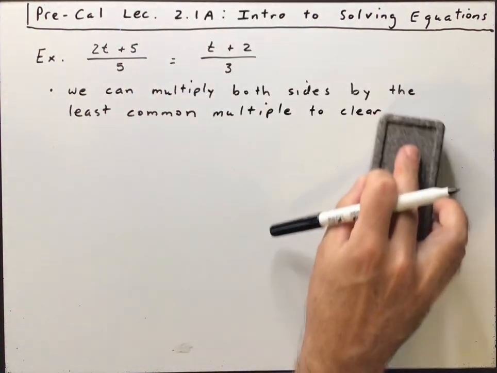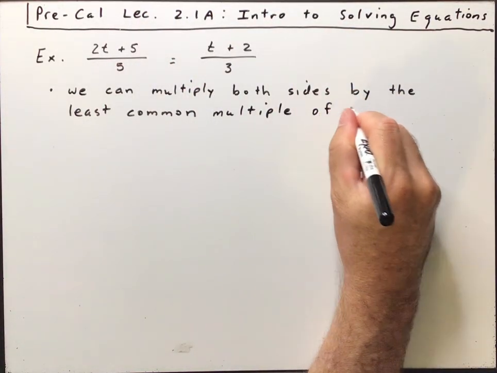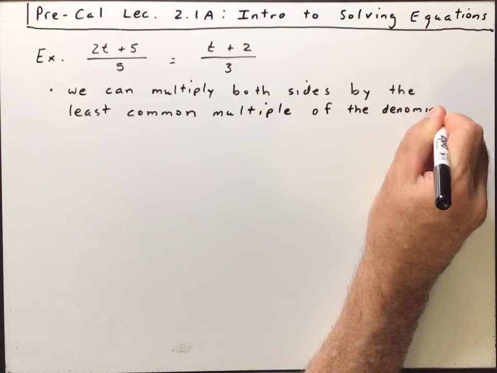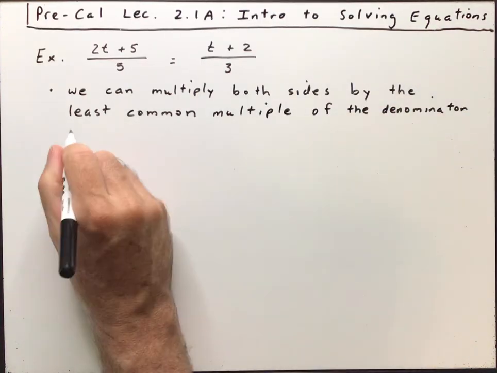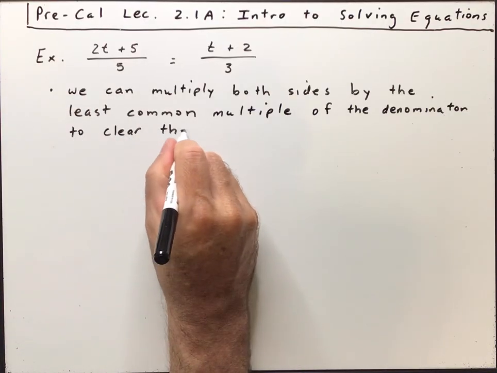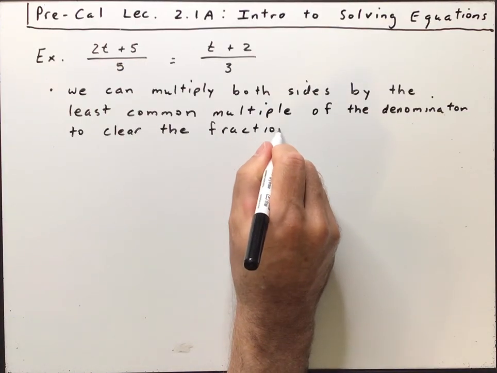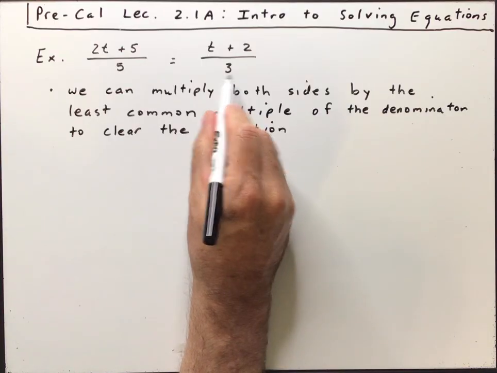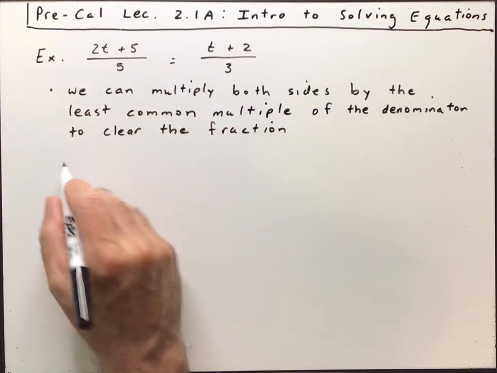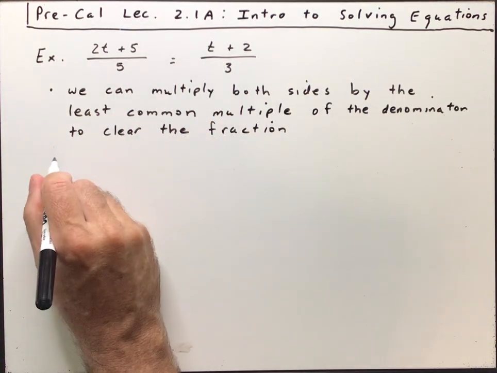So that multiple of the denominator, let me add that in. Because we want to clear the fraction because the fraction's a pain. Okay, so between 5 and 3, what's the least common multiple of those two? Well, that would be 15. Okay, 5 will go into 15 evenly, 3 will go into 15 evenly.